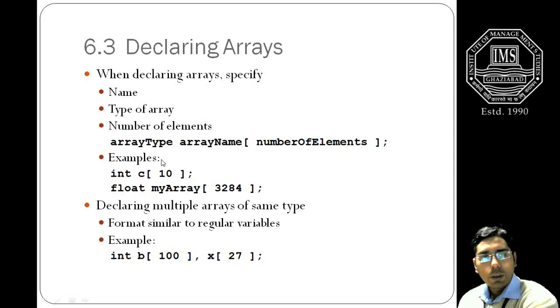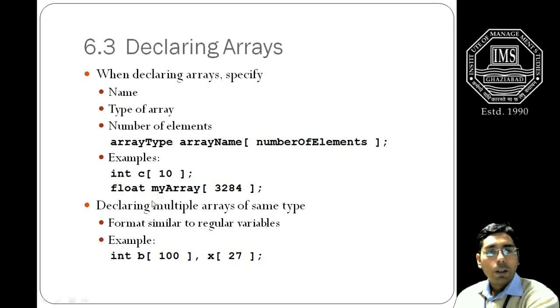So as you can see in the example, int c[10] means int is the data type or the array type, the name of the array is c, and the number of elements is 10. It means the size of the array is 10. So the subscript value of array c will start from position 0 and end at position 9.